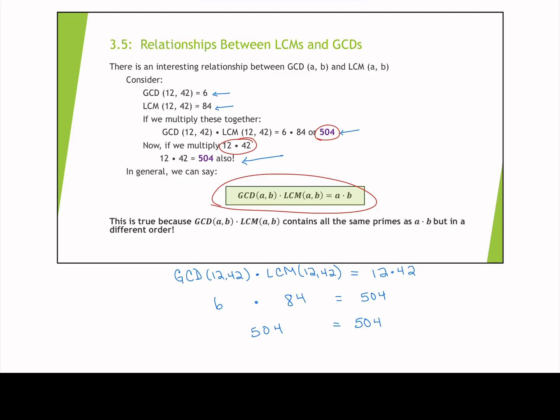So if you want to pause here and go back and do that verification or proof, you're more than welcome to. But essentially what we're trying to get at is if you know either the GCD for two given values or you know the lowest common multiple for those same two values, you can actually use this formula as a bit of a shortcut to find the other missing information pieces.